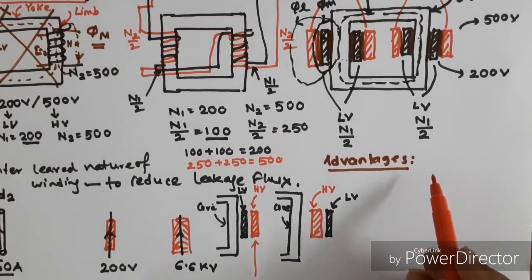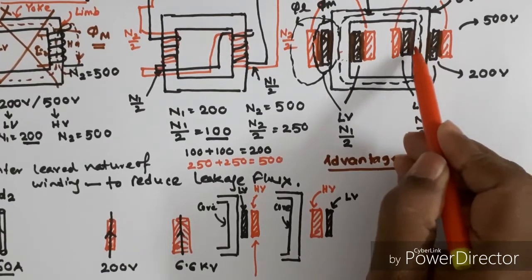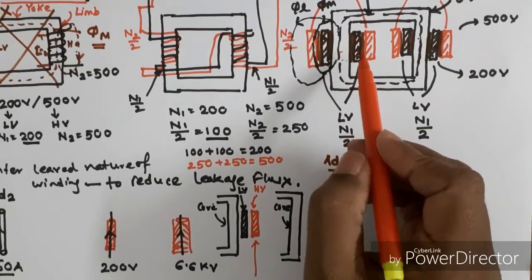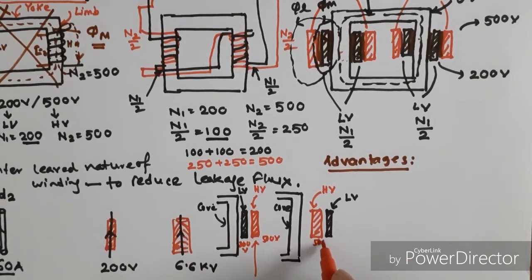Now, in a core type transformer, generally the low voltage side winding is placed nearer to the core, and over the low voltage side we place the high voltage side. Why do we do this? Suppose this is the core, this is the low voltage winding, this is the high voltage winding, and the low voltage winding is 200 volt and this is 500 volt. But if we do the reverse, this is the core, the high voltage winding has 500 volt and the low voltage has 200 volt.